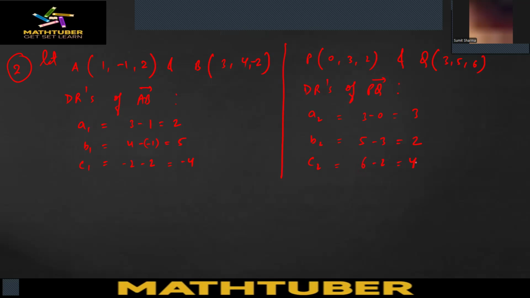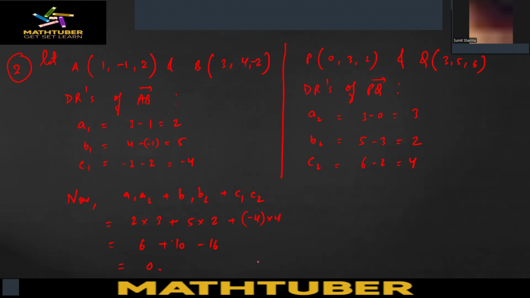So if we take A1 A2 plus B1 B2 plus C1 C2, and put the values here, 2 into 3 plus 5 into 2 plus minus 4 into 4, you will get 6 plus 10 minus 16, and obviously the answer is 0.